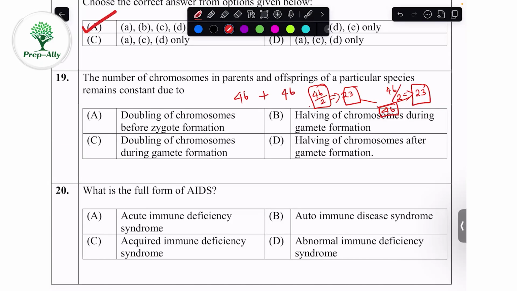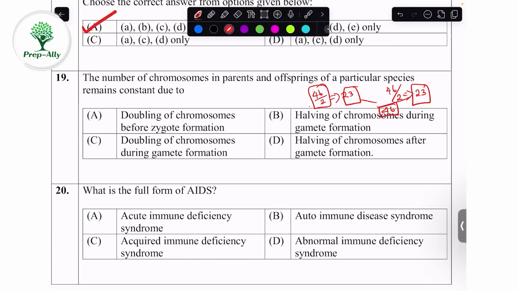Then 46 plus 46 will be 92 chromosomes in the offspring, but that won't be a human, because humans have 46 chromosomes. So this has to be done with the help of meiosis.